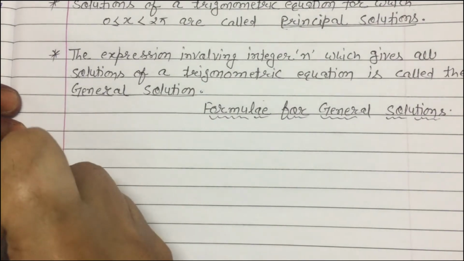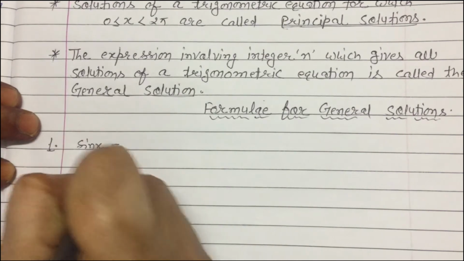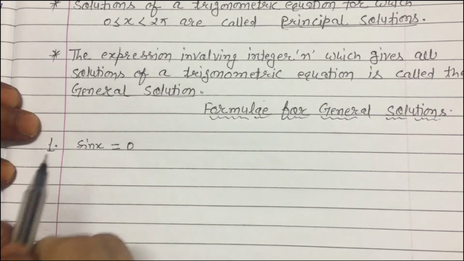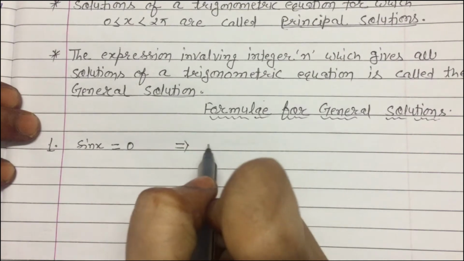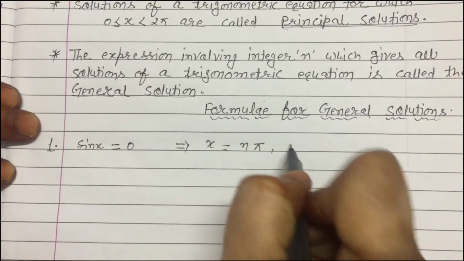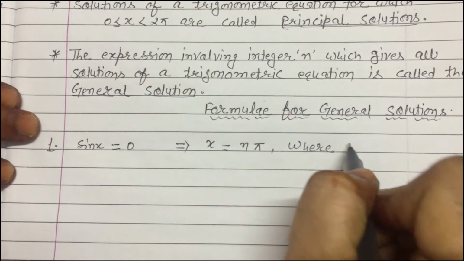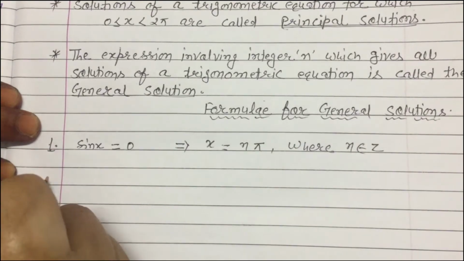The first formula is sin x is equal to 0. If the equation is sin x equal to 0, this gives x is equal to n pi, where n belongs to Z, integer.